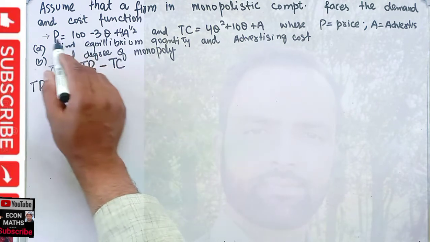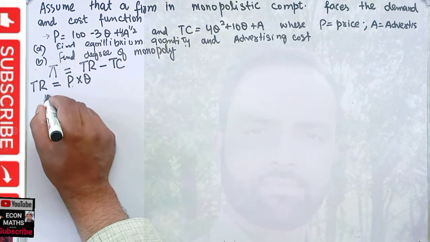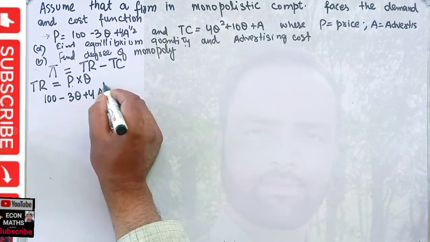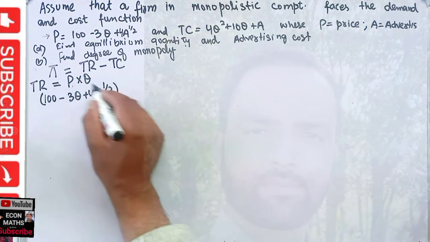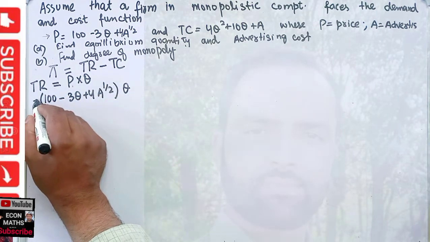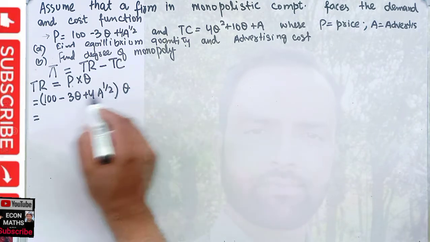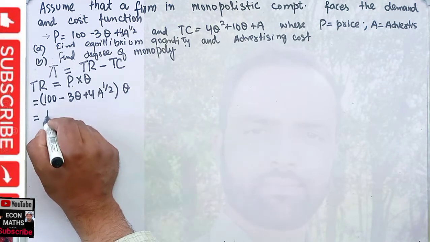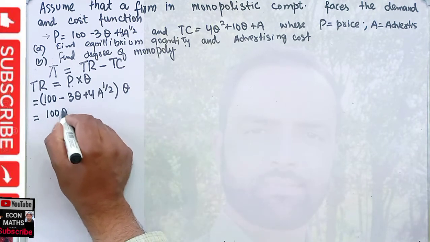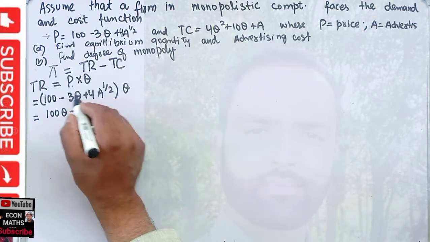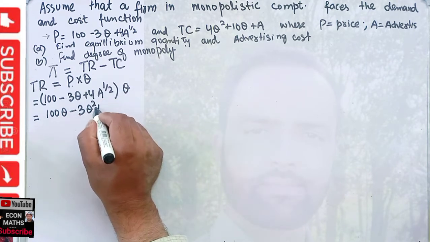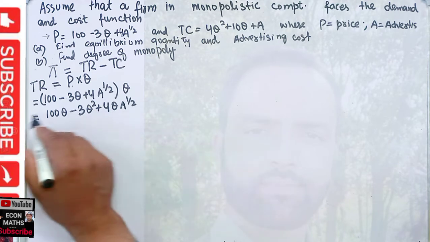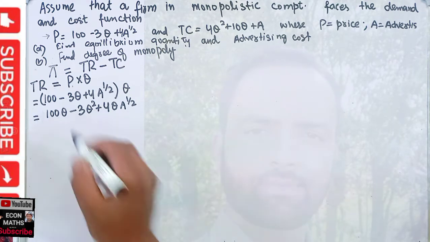So in place of P, I will write this demand function, that is 100 minus 3Q plus 4A to the power 1 by 2, and to it I will multiply Q. Since Q is multiplied to each term, we get 100Q minus 3Q square, because Q into Q is Q square, plus 4QA to the power 1 by 2. Sorry, this is our total revenue.